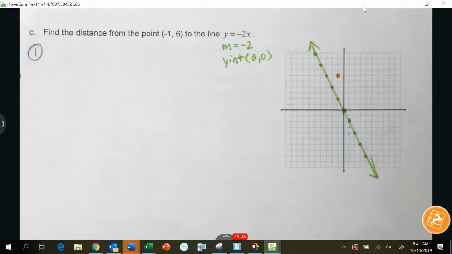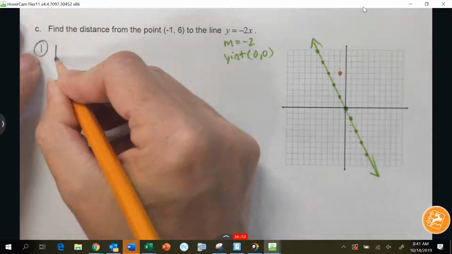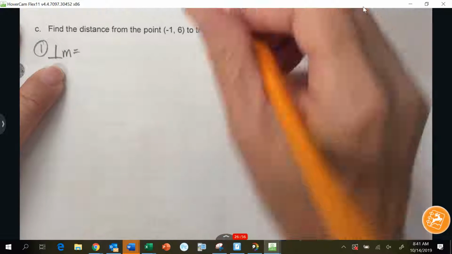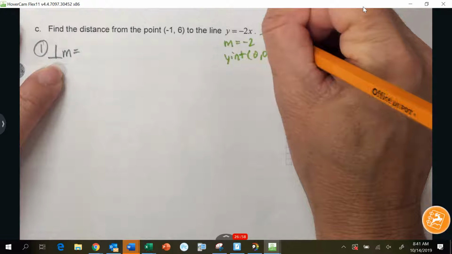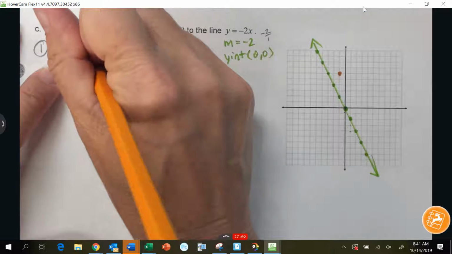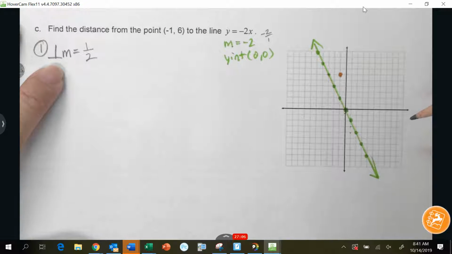Yep, I need to find the opposite reciprocal of this slope, -2. So we're going to do opposite reciprocal slope. If this is negative, it's going to be positive. And what is the reciprocal of -2 over 1? Positive 1 over 2. Reciprocate and change the sign.